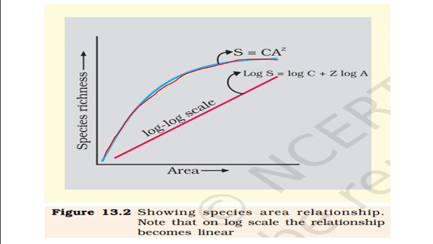On the x-axis area is taken, on the y-axis species richness is taken, and if we plot the number of species against area, we get this kind of shape, which is referred to as the rectangular hyperbola.